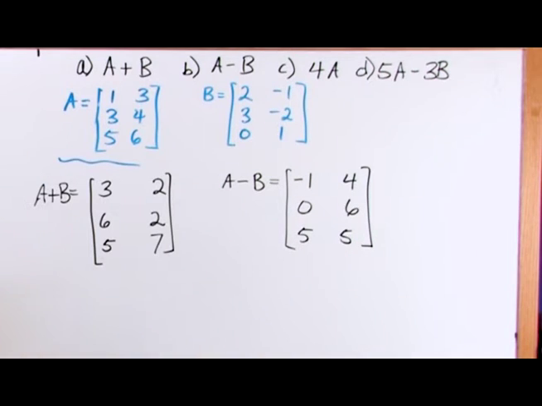So at the end of the day, A minus B is -1, 4, 0, 6, 5, and 5.